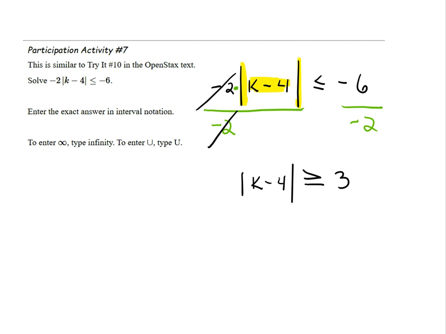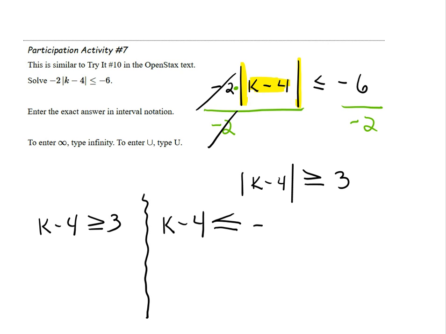I start with just k minus 4 is greater than or equal to 3. But then you have to consider the other possibility of k minus 4 being less than or equal to -3.